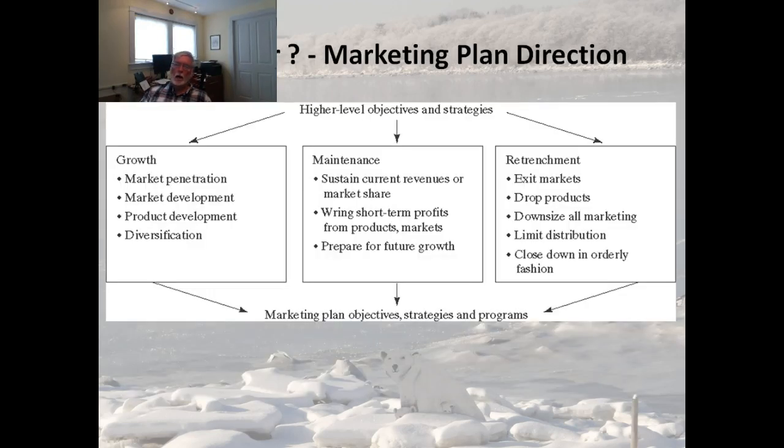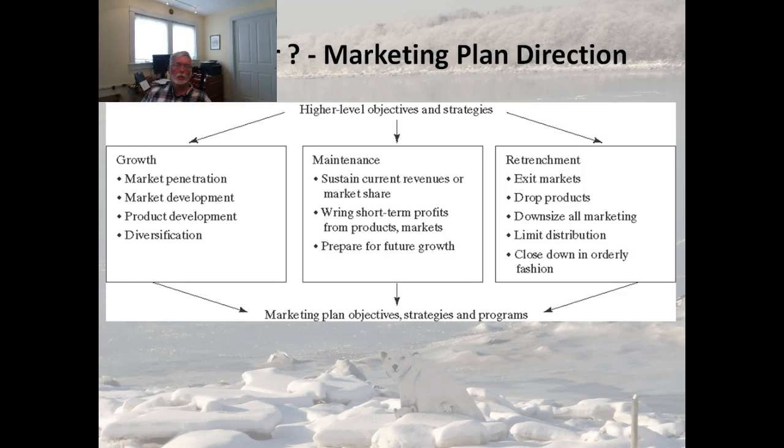So the higher level strategies that we're going to look at, we just talked about growth. And growth is a high level strategy, and we talked about the 4 possibilities within a growth strategy, and that's where most marketing plans come in, to a growth strategy. The second type of objective or strategy would be to maintain what we're doing.